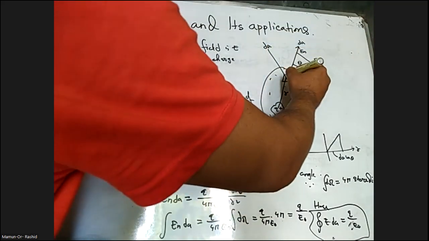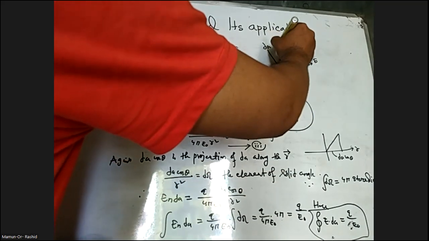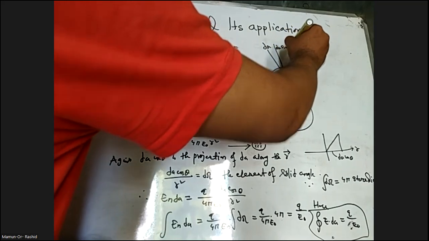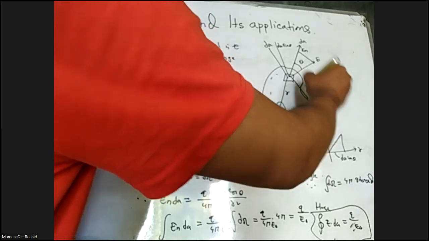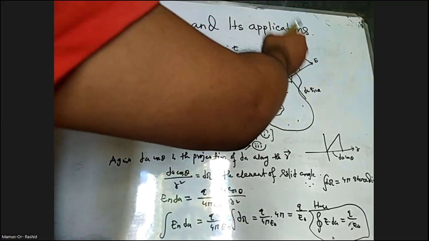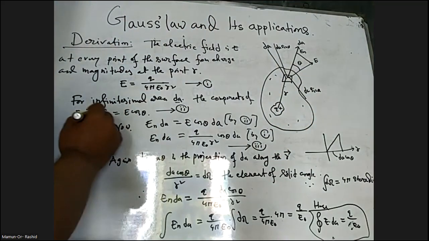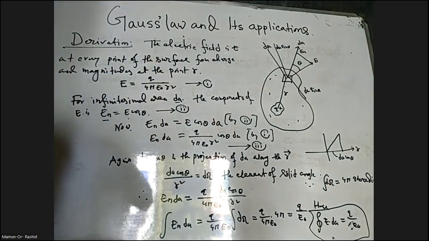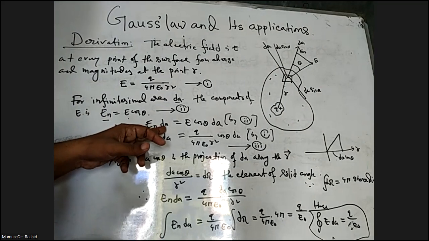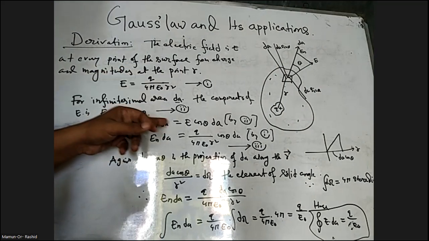Along the perpendicular, that means normal, dA sin theta. But the sin theta components will balance each other. This is why the only effective electric field will be En, which will be E cos theta. So En times the small area dA will be like this.